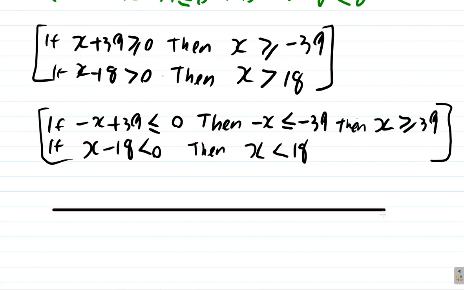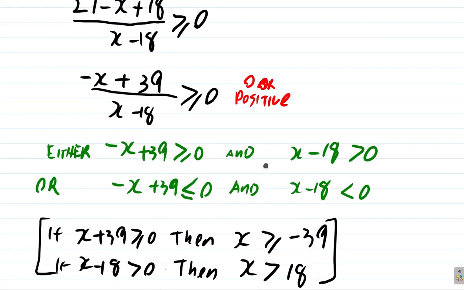Let's take a number line and see if we can see exactly what's going on. Let's say our 0 is here. We have negative 39, and we have positive 39. Let me just check back on something here.